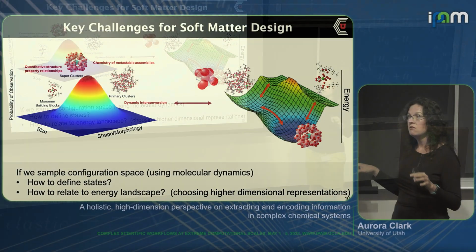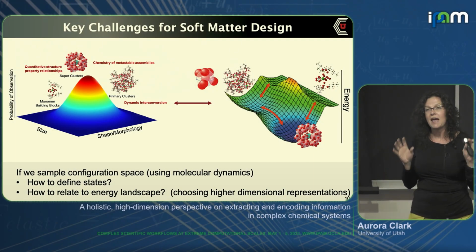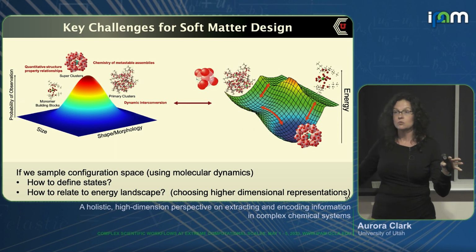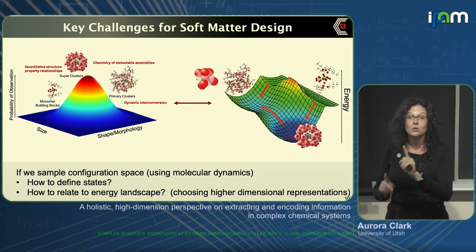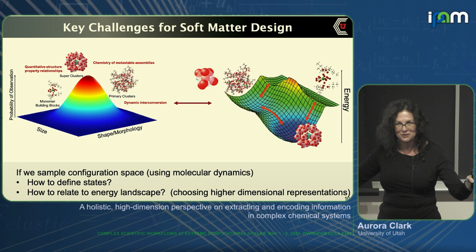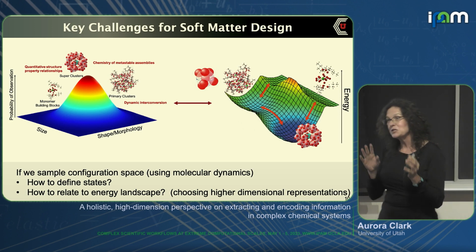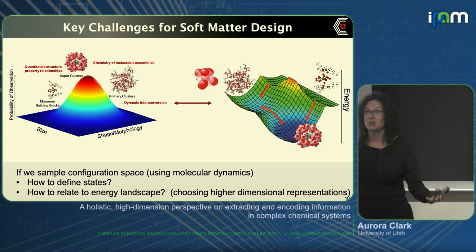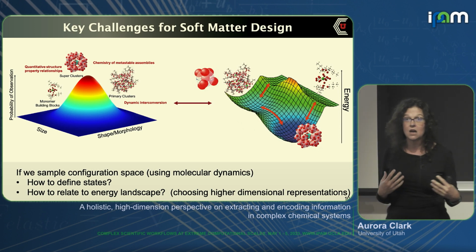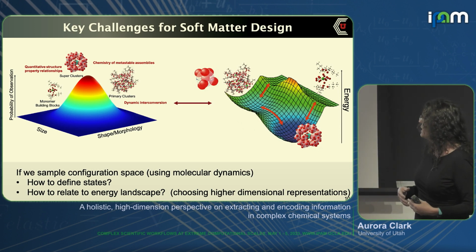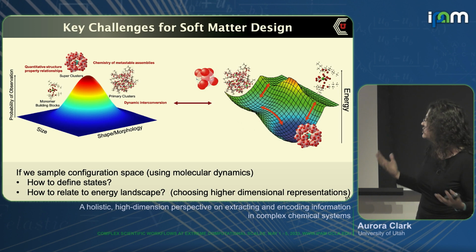And so there's a key challenge, I think, in soft matter research: how do you connect the ensemble distribution? Number one, how do you identify all of these configurational states? Two, once you have that identification and this distribution, how do you connect it to the underlying energy landscape in some dimensionality representation?